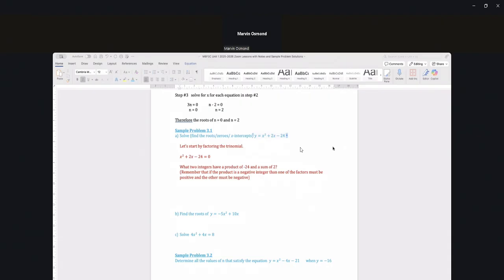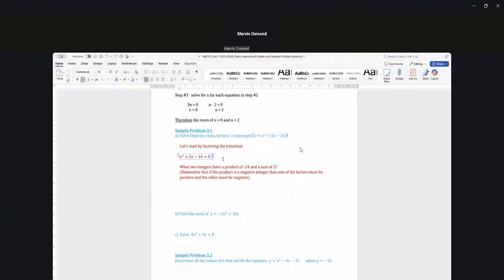Or if it opens downward, for example, if I were to simply make this a negative sign, now it opens downward and doesn't cross the x-axis. Okay, so there are a couple of cases where, if you try solving the equation, you won't be able to solve it. But we're not going to worry about those. We're just going to worry about a couple of these right here.